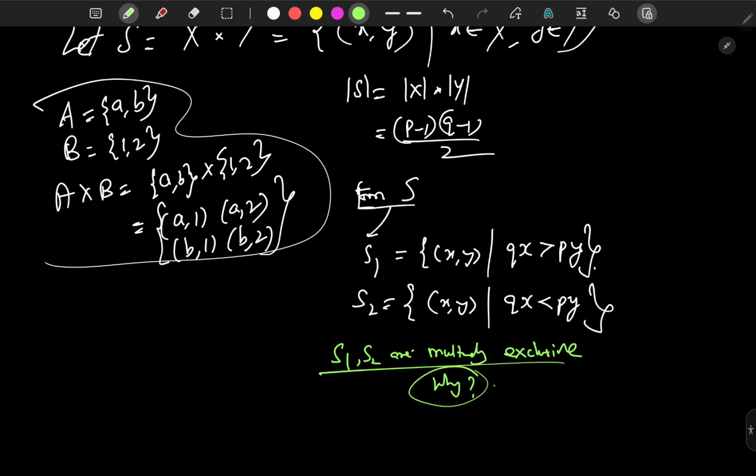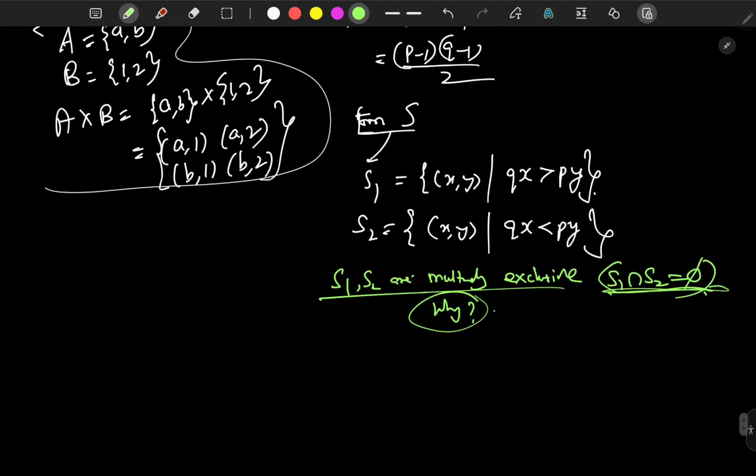Mutually exclusive means S1 intersection S2 equals the empty set. You can observe that we are taking greater elements, and here we are taking less than elements. So that's why these are mutually exclusive.